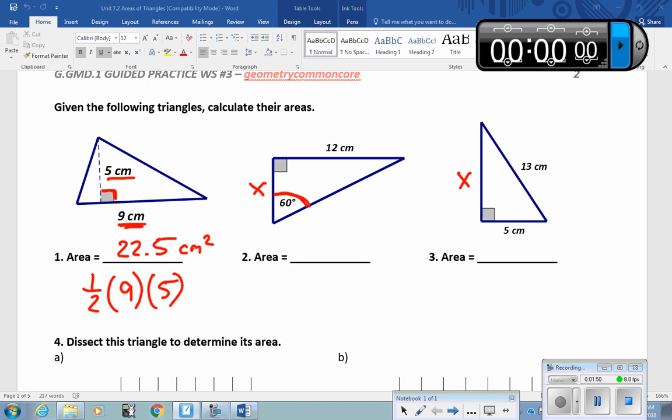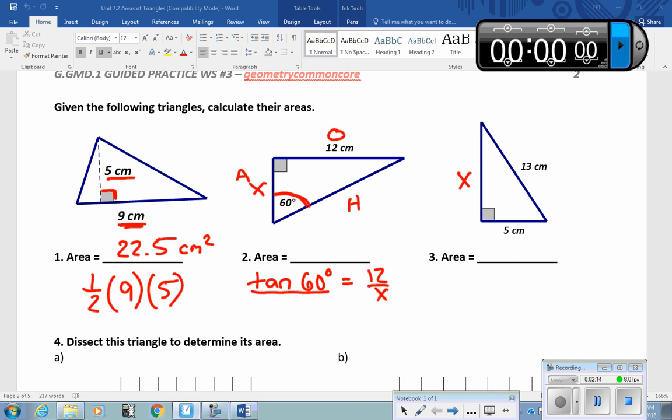So I'm going to label each of these values. I got hypotenuse, I got 12 as the opposite, and then I got x as the adjacent. So based on the fact I have 12 and x for opposite and adjacent, I'm going to use tangent. So it would be tangent of 60 degrees equals 12 over x.